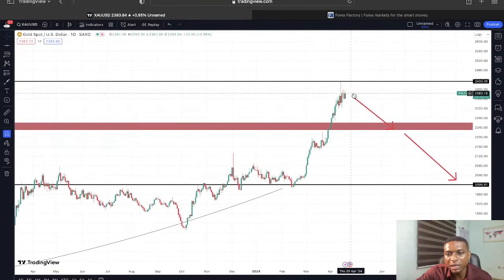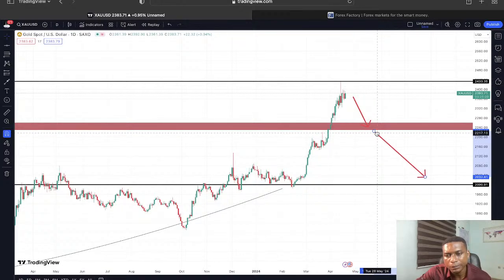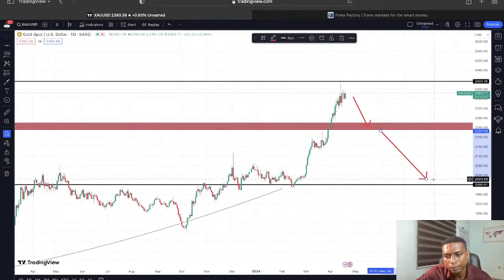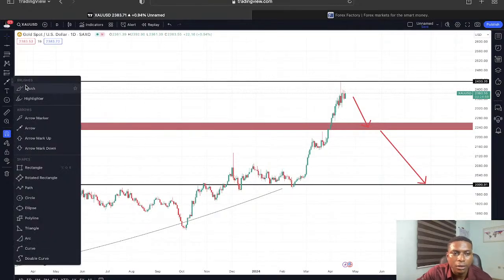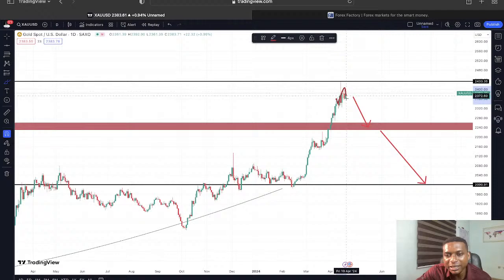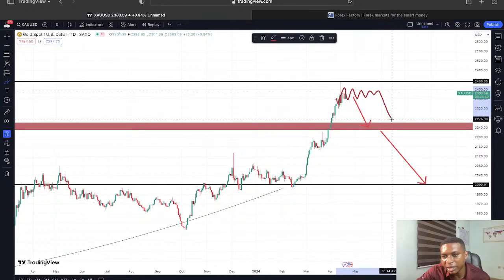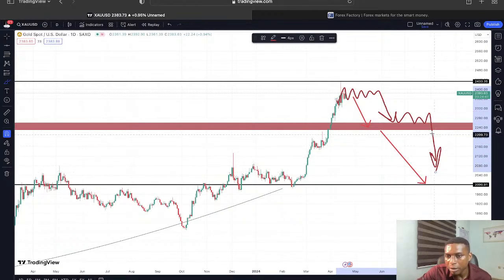Looking at it from the daily time frame here, we might see that price would rally at this level, then make a push down in price, then most likely rally here and continue the push down, because this level is not so strong.